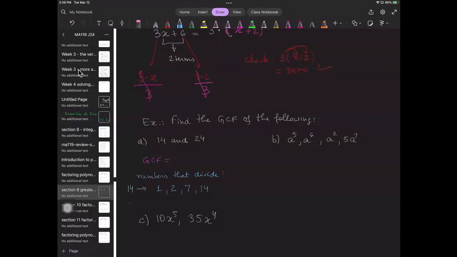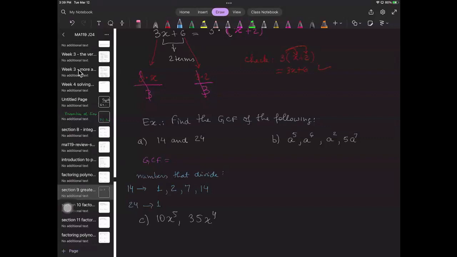Now, for the number 24, okay, of course, 1 always divides any kind of number. So we always look at that. Usually it's not the GCF because it has to be the greatest, right? So unless they don't have anything in common, 1 is not going to be part of the GCF.